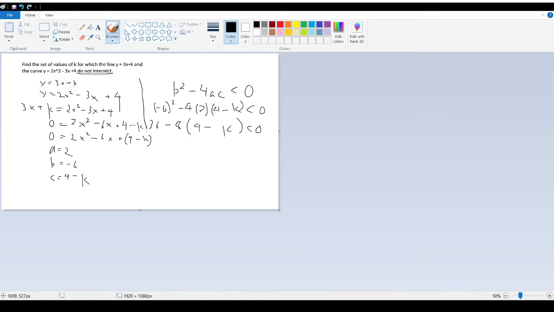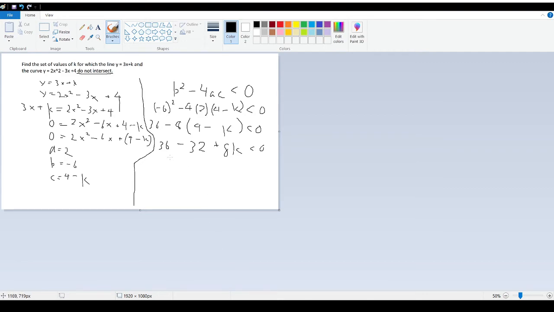Let me just separate these two. This actually has some inequalities involved, but we're going to talk about inequalities in later sessions. So for now, just listen up. This is not supposed to be 36, it's supposed to be 32. Much better.